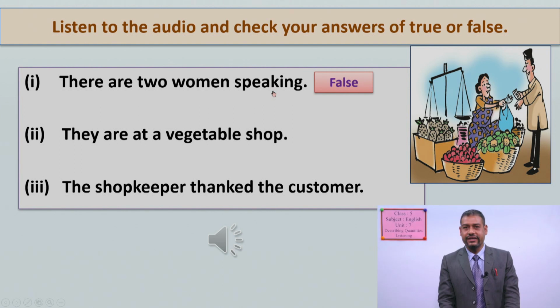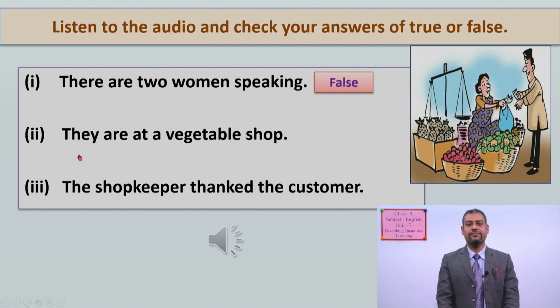Yes, they two are speaking. The shopkeeper is a woman and the customer is a man. That's why two women are not speaking. So we have to write down false. If you have made a mistake, please correct. If you have written true here, then you have to correct it by writing false. Have you done? Very good.